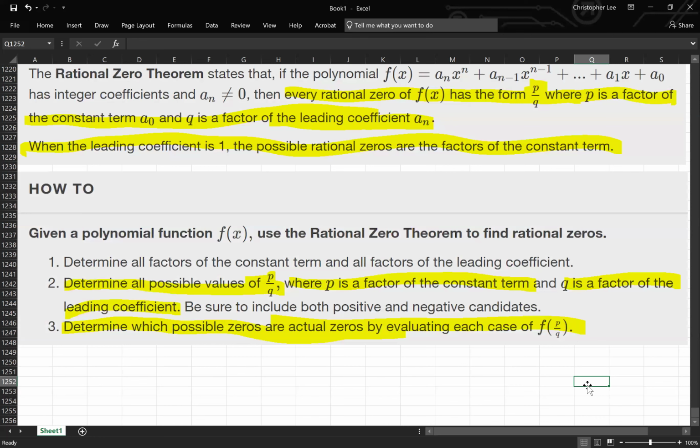Be sure to include both the positive and negative candidates as well. Step 3, determine which possible zeros are actual zeros by evaluating each case of f of p over q. Long story short, use division to make sure that they are actual factors. That's it.